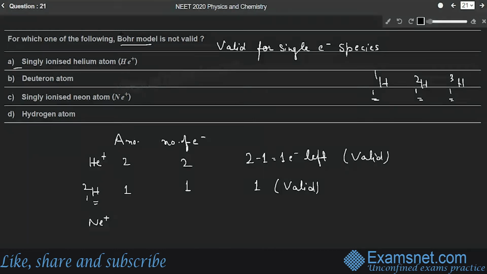What is the atomic number of neon? It is 10. That means the number of electrons will be 10. Now how many will be left after one ionization? 9 electrons will be left. So the Bohr model will not be valid for this because it does not have one electron. So this will be the correct choice here. Let's have a look at the last one as well. It is hydrogen atom. We know that the hydrogen atom has only one electron, so it is valid for this also. Only option C will be the correct answer.